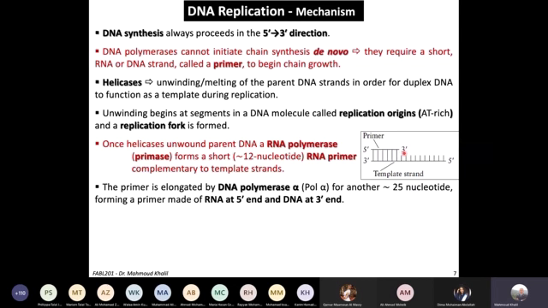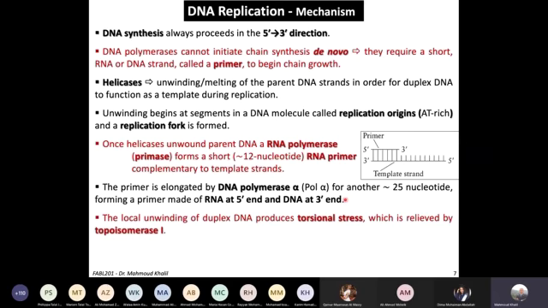So basically, the primer which is formed to guide the DNA polymerase to build the new strand is formed from a part made by RNA polymerase called the primase, and a part made by DNA polymerase alpha.